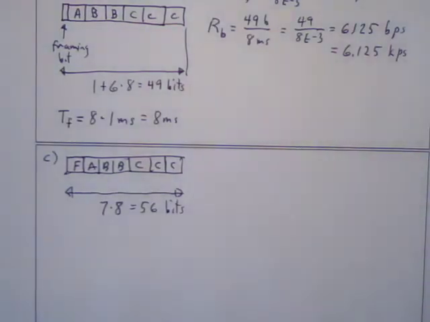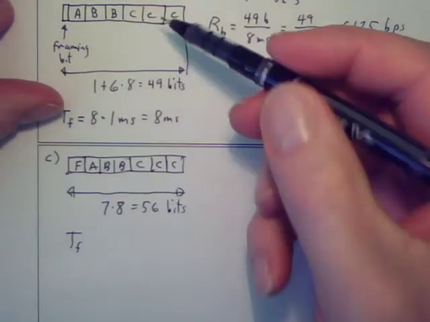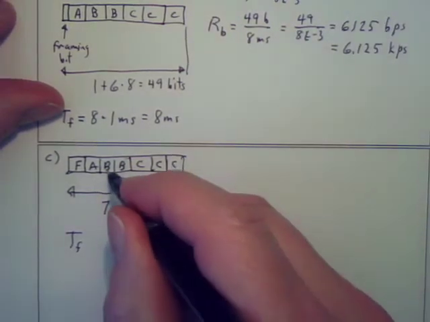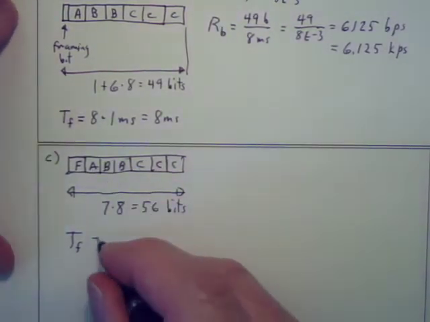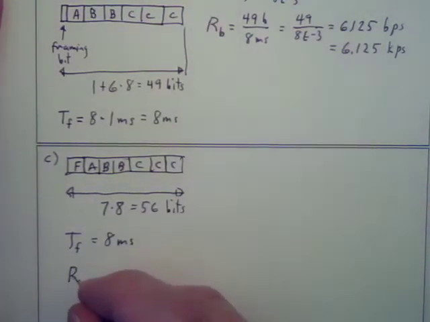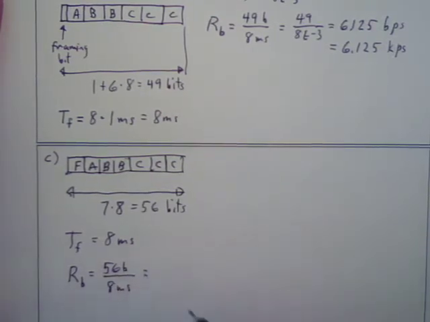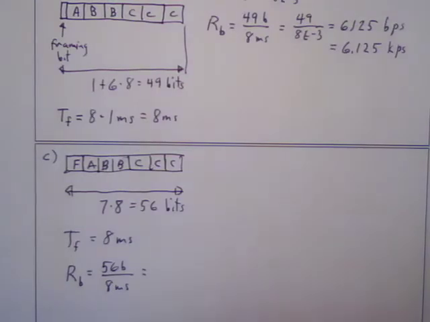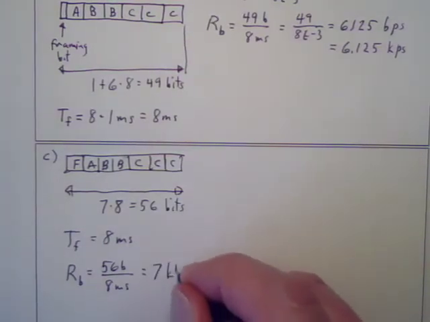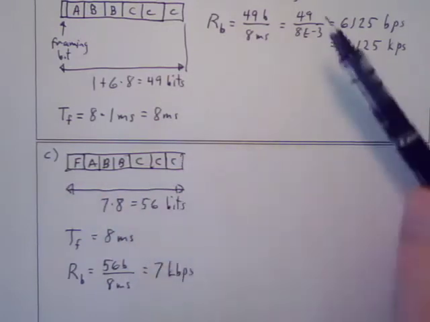Now it's easy because the time for this frame equals the time for the other one, because this is byte interleaving. We're sending a single byte from A, so it's 8 milliseconds again. The bit rate is 56 bits per 8 milliseconds, which comes out to 7 kilobits per second. That makes sense: we're sending 7 bytes instead of 6.